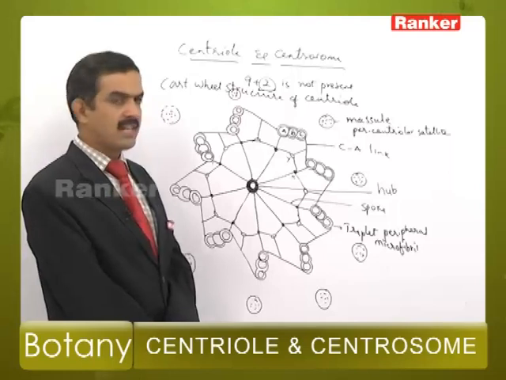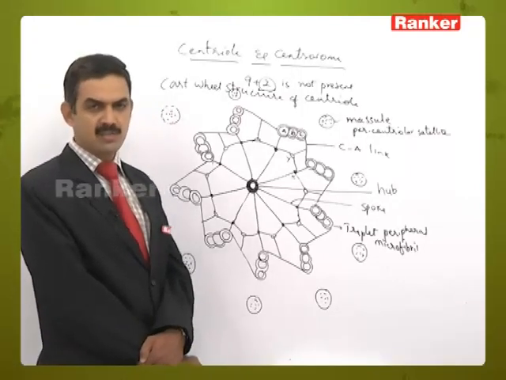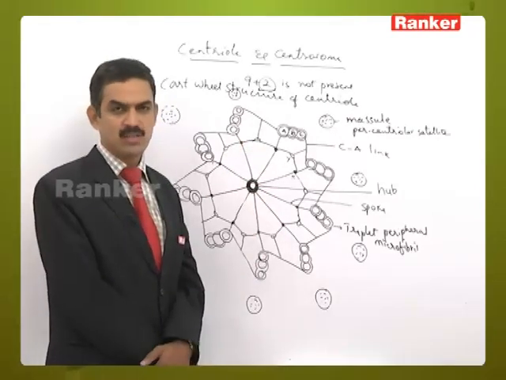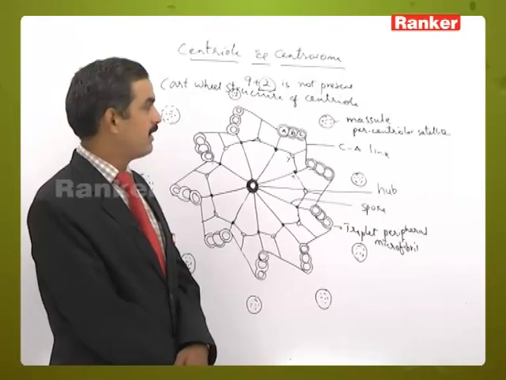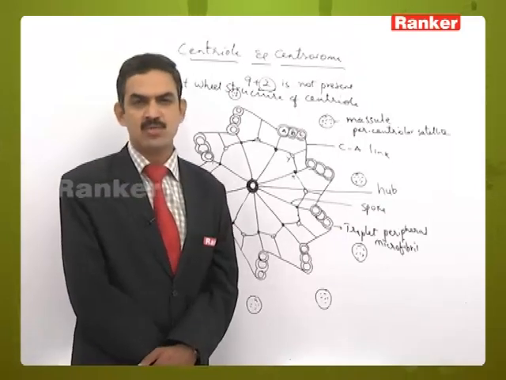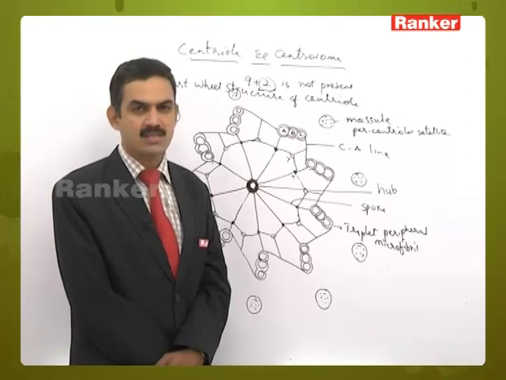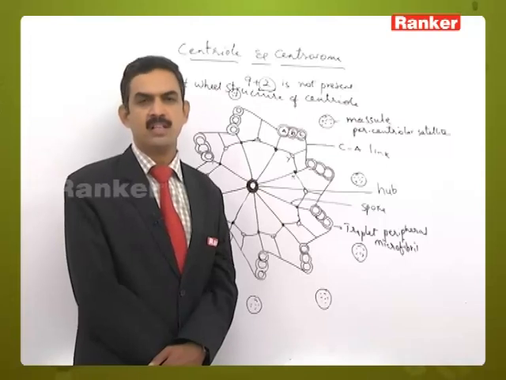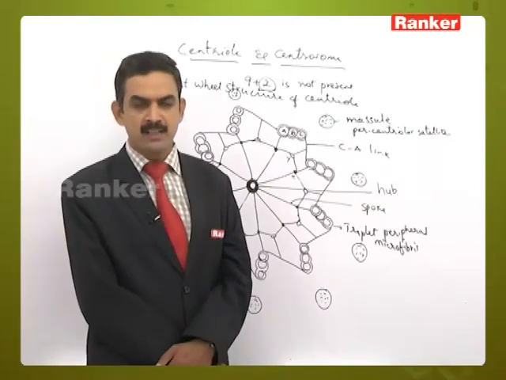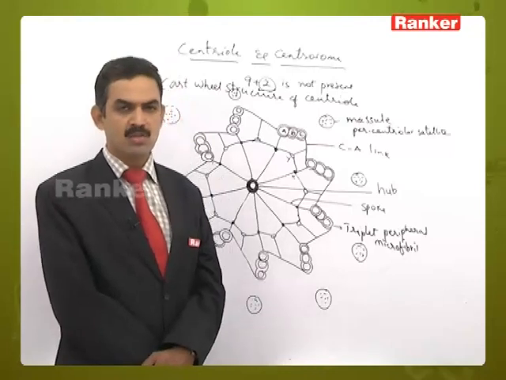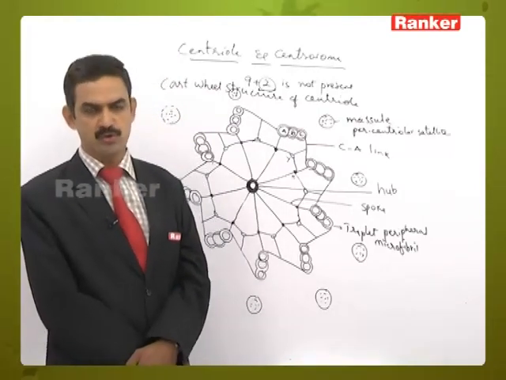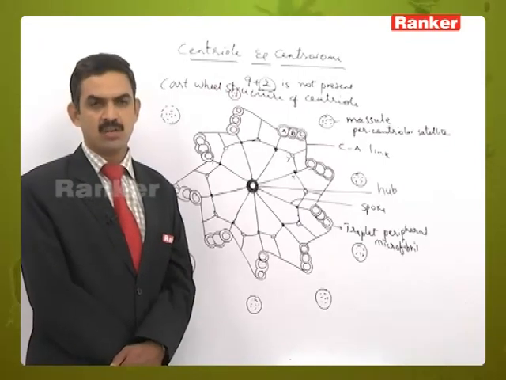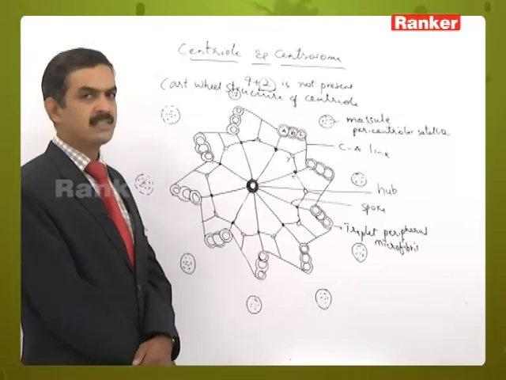They act as nucleating structures during astral formation by the centrioles, because the centrioles or centrosome structure does not have a nuclear organization, so the maculae or pericentriolar satellites act as nucleating structures during the formation of the astral spindles, that is, the bipolar spindle during the movement of chromosomes, which helps in the attachment of spindle fibers to the centromere region and the movement of the chromosomes. So this is the cartwheel-like organization of the centrioles which are present inside the centrosome.